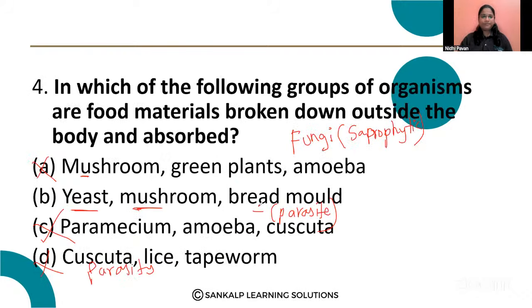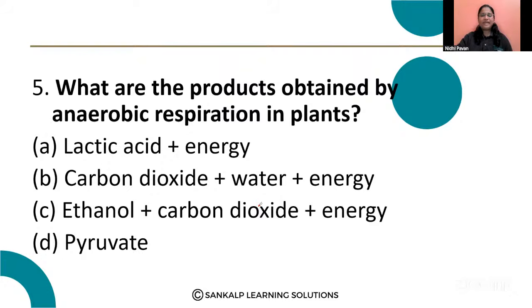Next question, what are the products obtained by anaerobic respiration in plants? Suppose anaerobic respiration happens in plants. So what will be the answer? They are asking in plants, what are the products of anaerobic respiration?